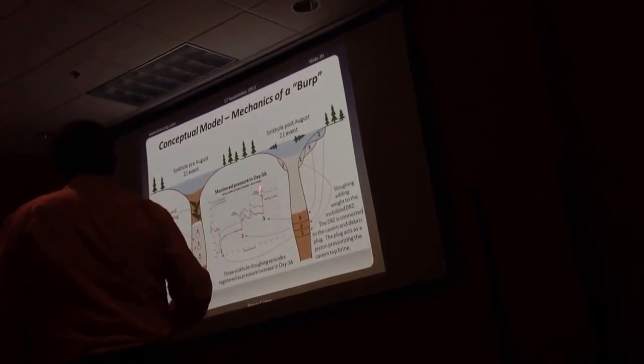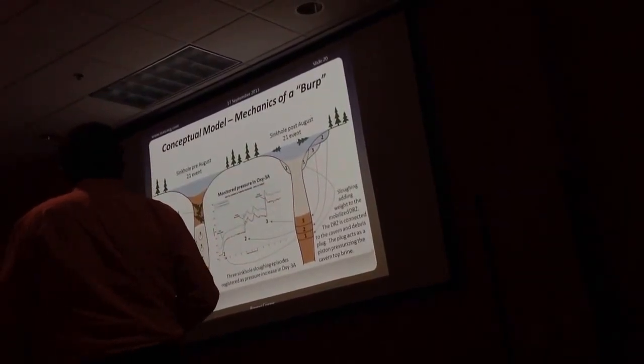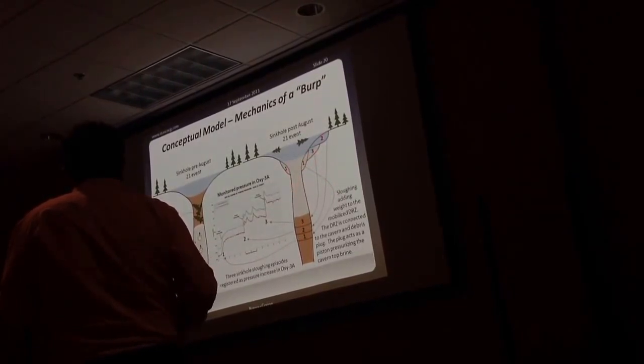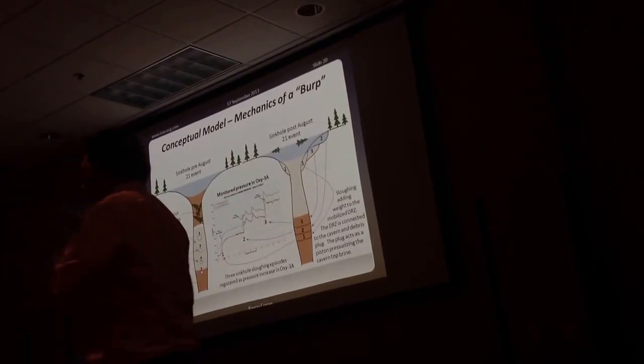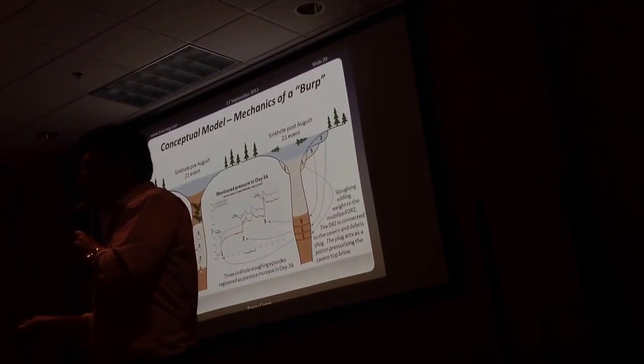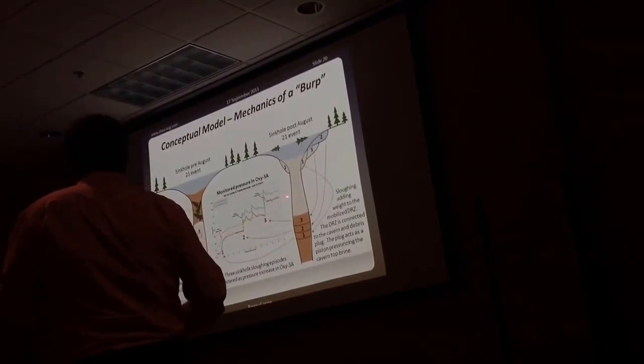So you get these 3 responses as you get 3 slides. So we had one slide that went in, and then a second slide and a third slide. And what this does is it adds weight onto the disturbed rock zone that is then connected through to the cavern. So you get this pressure response.